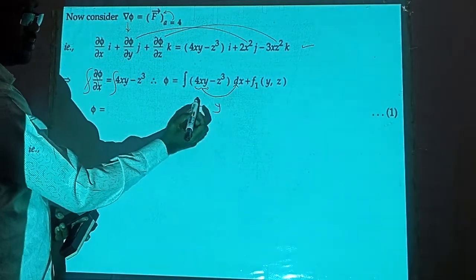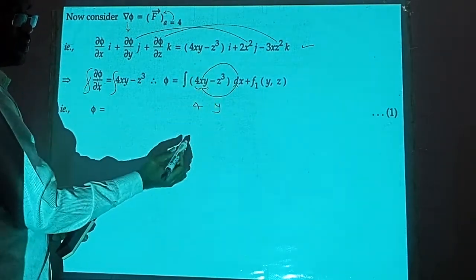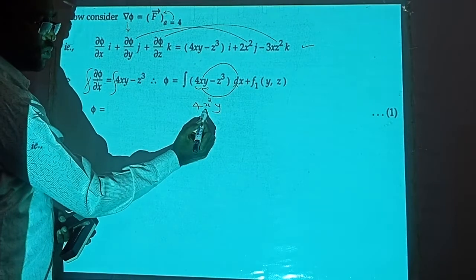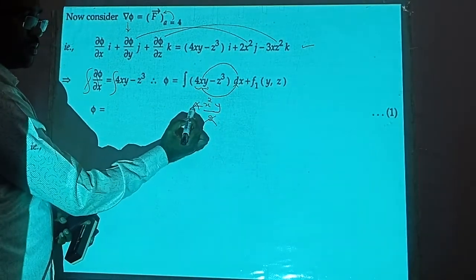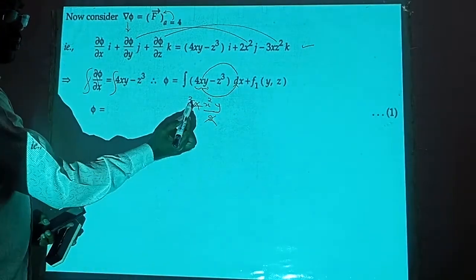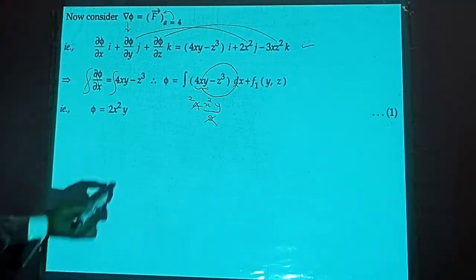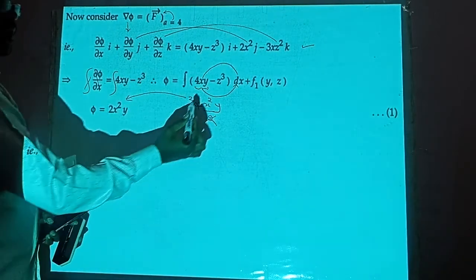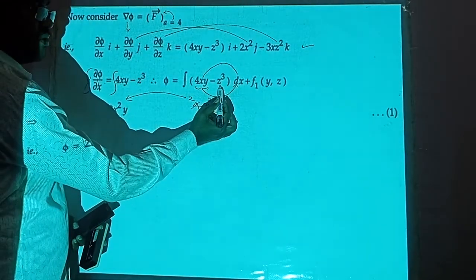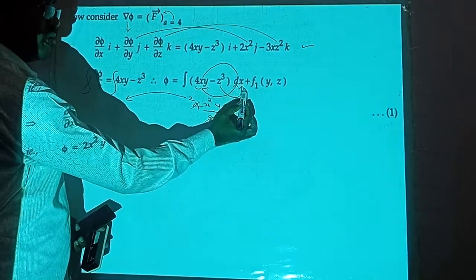4y is constant. Integration of x with respect to x is x square by 2. 2 ones are 2, 2 twos are 4. You will get 2x square y. And what is the integration of z cube with respect to x?